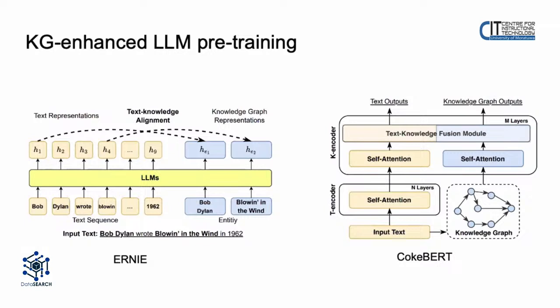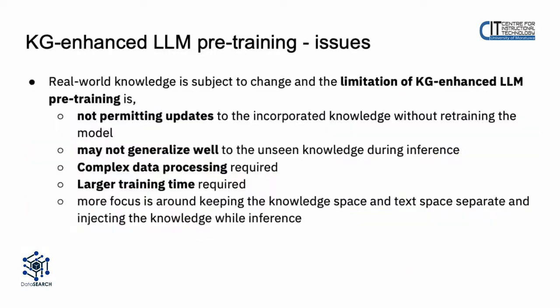So there are a few problems when we use this in pre-training. We cannot permit updates to the incorporated knowledge without retraining the model sometimes, because when you add this information to pre-training, when there's an update, you have to retrain it.